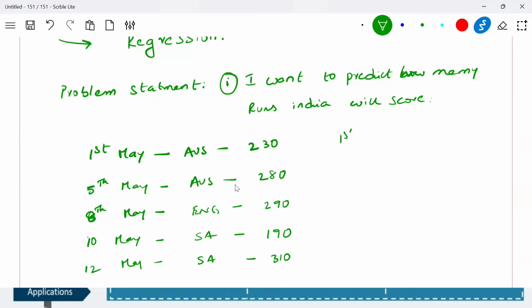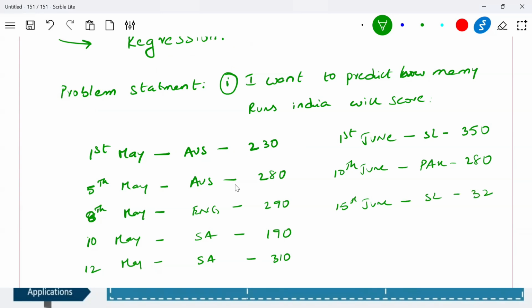On 1st June, India played against Sri Lanka and scored 350 runs. On 10th June, India played against Pakistan and scored 280 runs. On 15th June, India played against Sri Lanka and scored 320 runs.